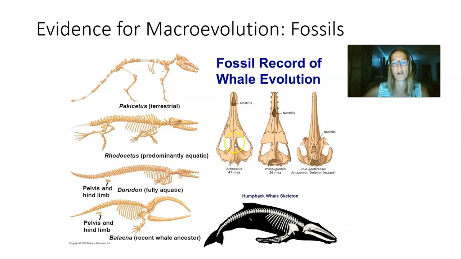And over evolutionary time, different species in the fossil record show that the nostrils are migrating back. And here's where the nostrils are located in the Amazonian dolphin, which is closely related to other dolphins and whales. So the fossil record allows us to create a likely story of ancestors based on the similarities in skeletons.